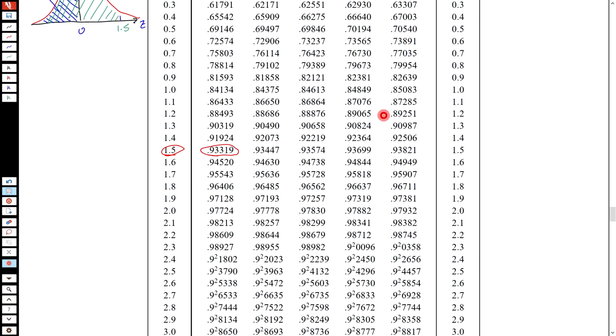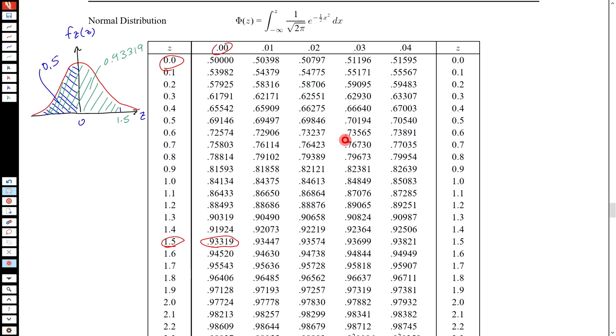What I'm going to do now is scan through these summary pages for a value that's as close as possible to 0.900000. I see here I've got 0.903, 0.904, 0.906.